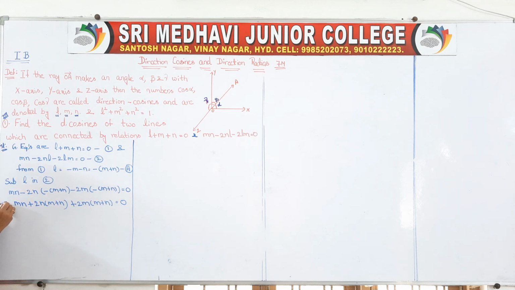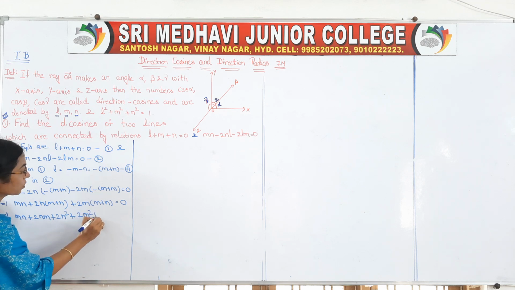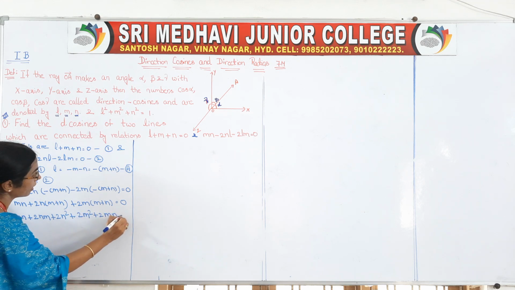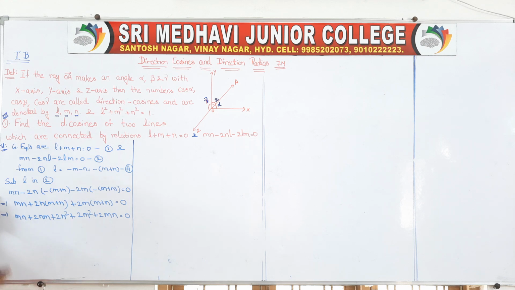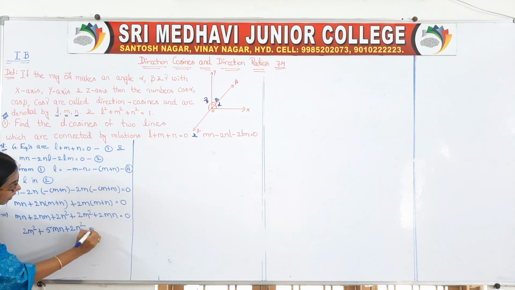Now we can write this as Mn plus 2nm plus 2n square, and here also 2m square plus 2mn is equal to 0. Writing in order, 2m square plus mn plus 2nm plus 2mn, that is 5mn, plus 2n square is equal to 0.